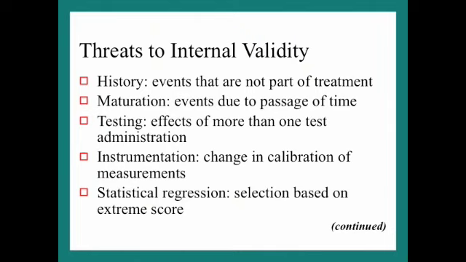The first one's called history, and we have events that are not part of the treatment. In the book it says, in a study evaluating the effects of a semester of physical education on the physical fitness of 5th graders, the fact that 60% of the children participated in a recreational soccer program will constitute a history threat to internal validity.